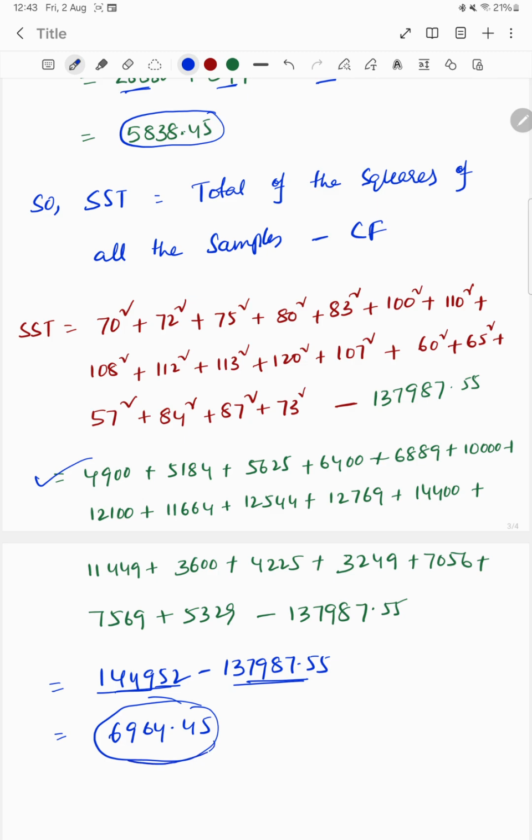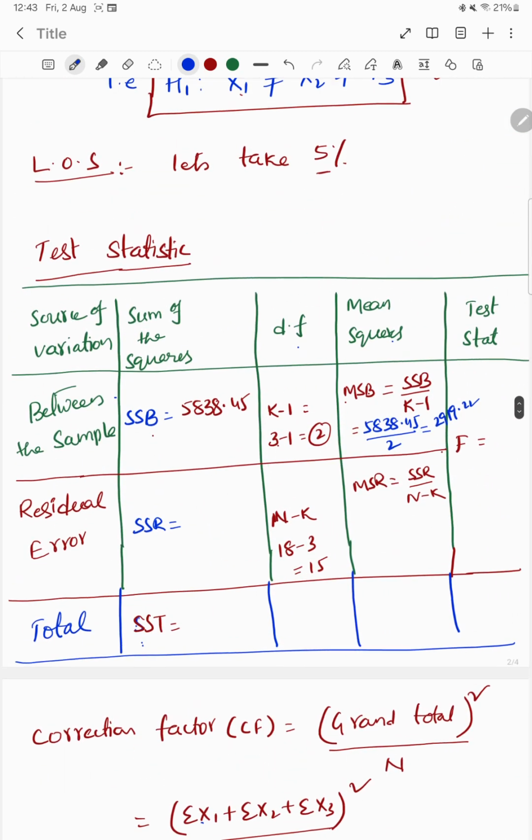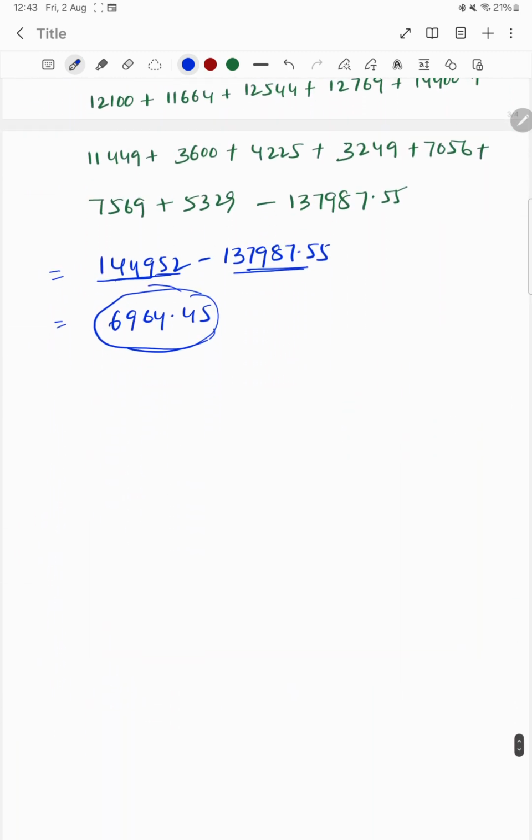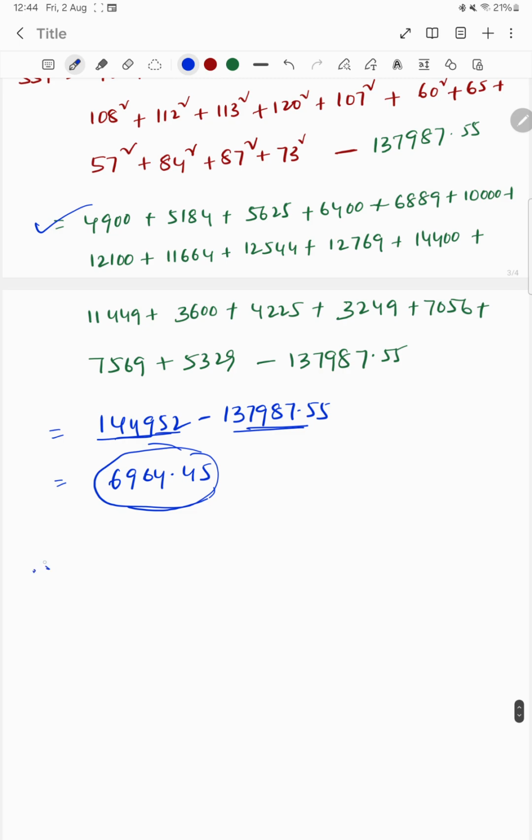This is SST. Once we get SST, SST minus SSB will give us SSR. Therefore SSR is equivalent to SST minus SSB.